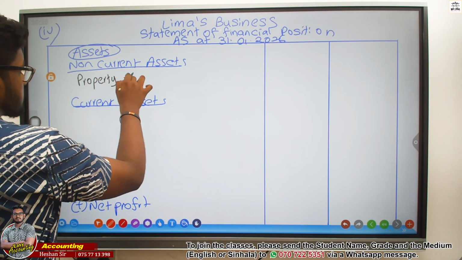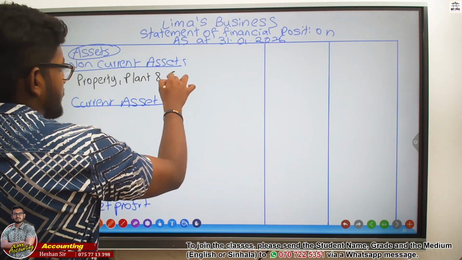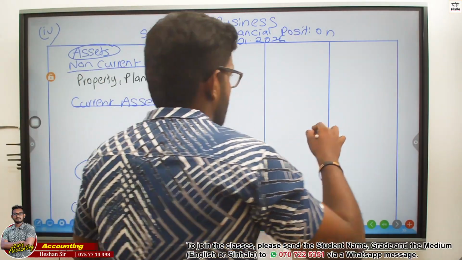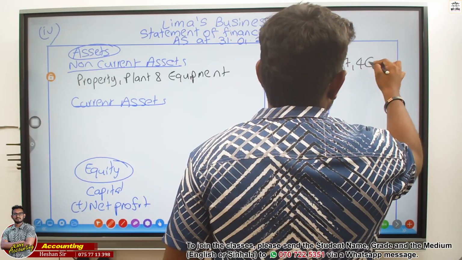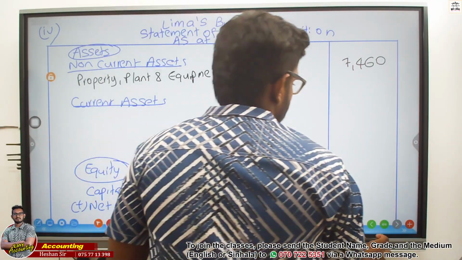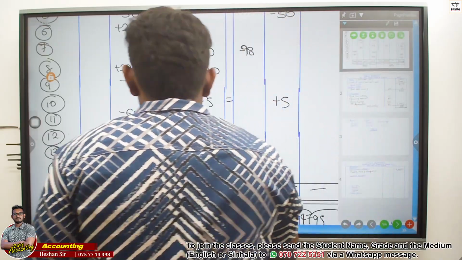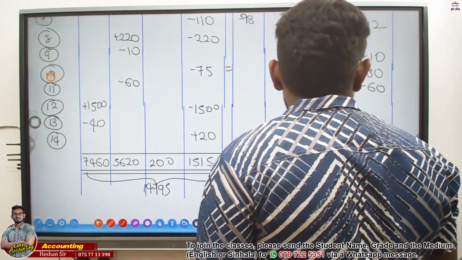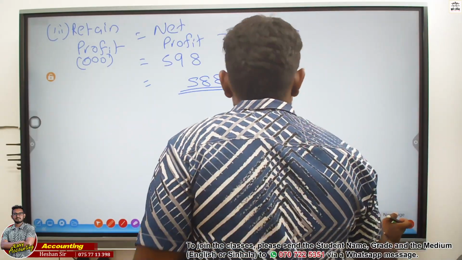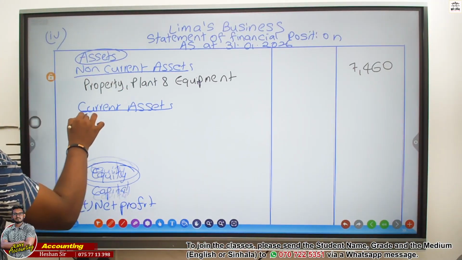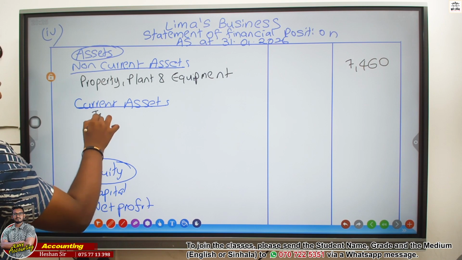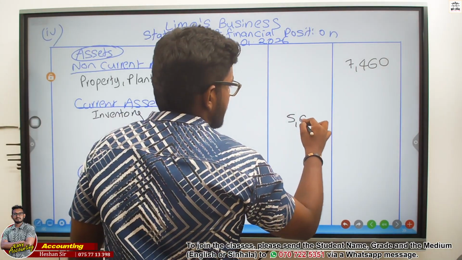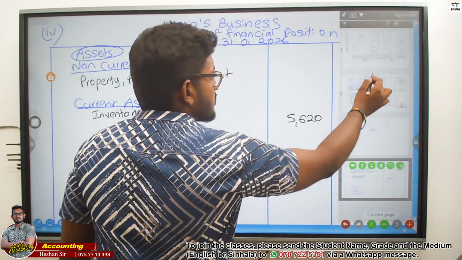Property, plant and equipment, 7,460, right? Then we have inventory, 5,620.